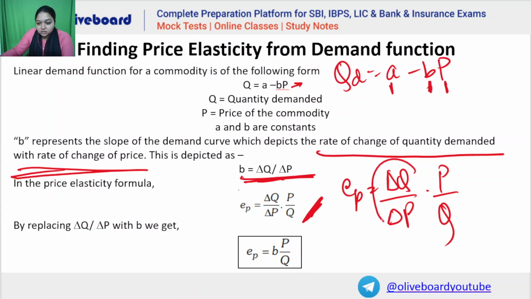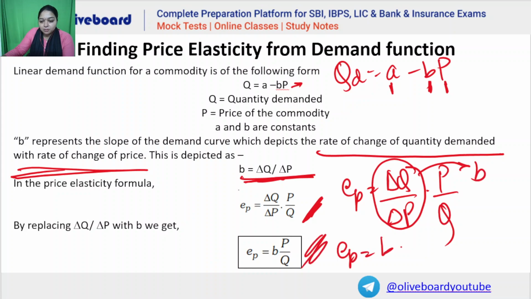So can't we substitute this with B? Then what will the formula become? EP will become B into P by Q, right? If you know the quantity, the price, and the slope, then the elasticity formula is EP equal to B into P by Q.